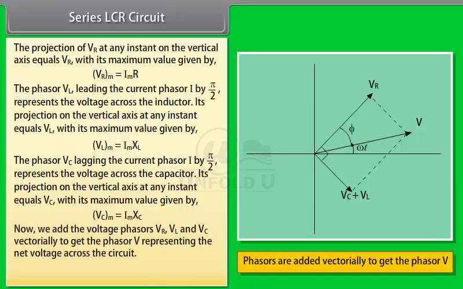Now, we add the voltage phasors VR, VL and VC vectorially to get the phasor V representing the net voltage across the circuit. Vm is equal to under root of VRm square plus (VCm minus VLm) square.